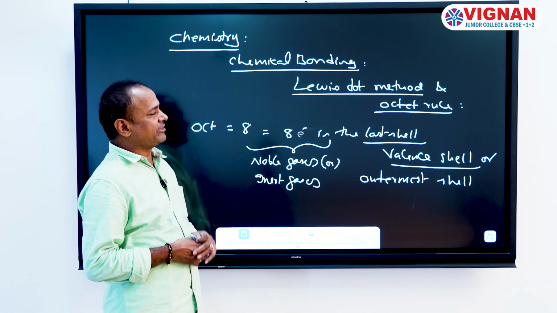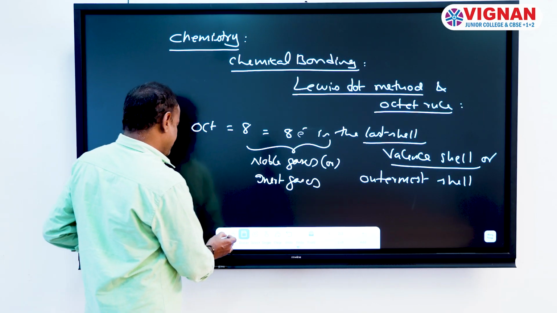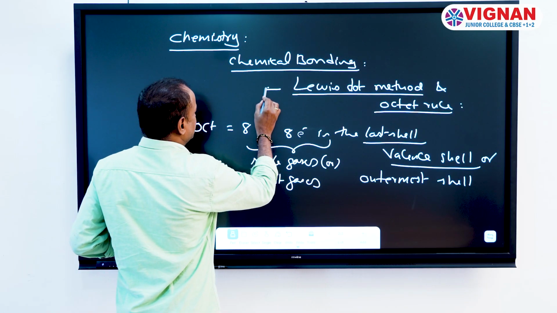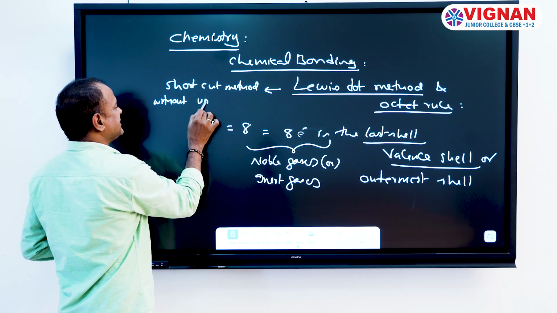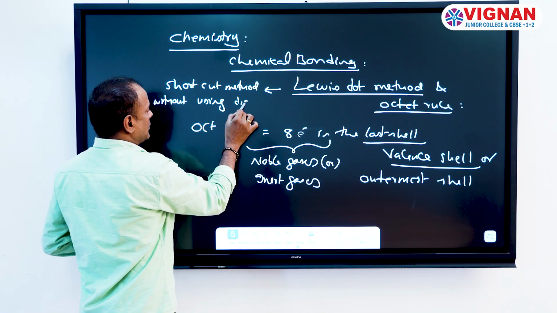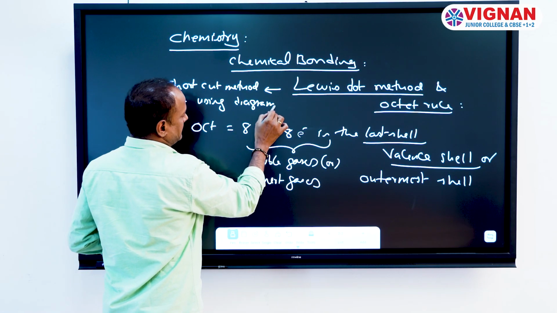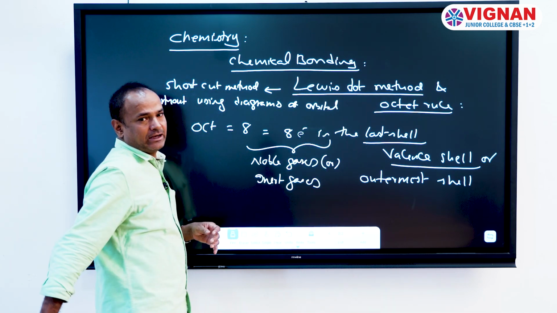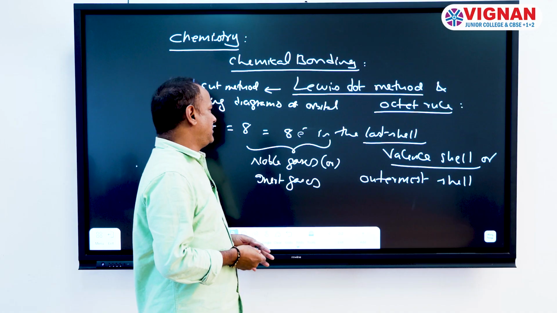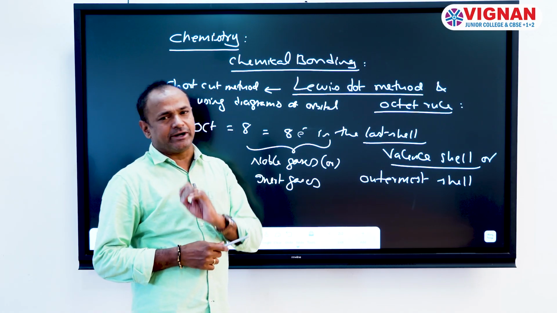That is why the Lewis dot method is called a shortcut method. It works without using diagrams of orbitals, that is, s orbital spherical, p dumbbell, d double dumbbell. So just use the dot method.